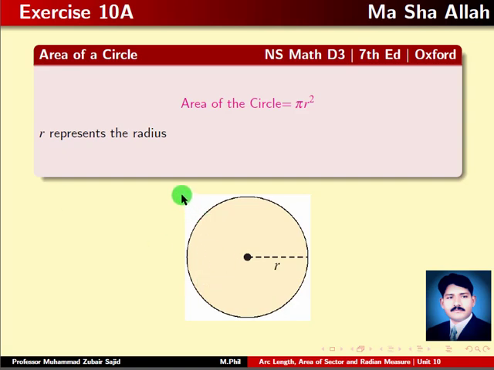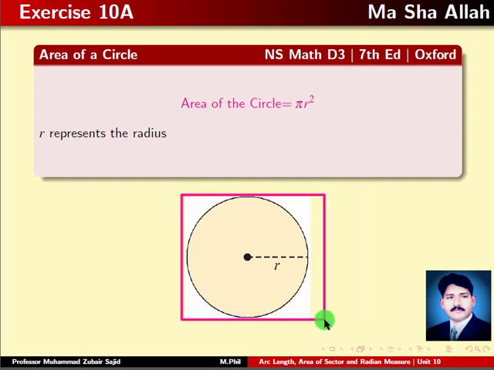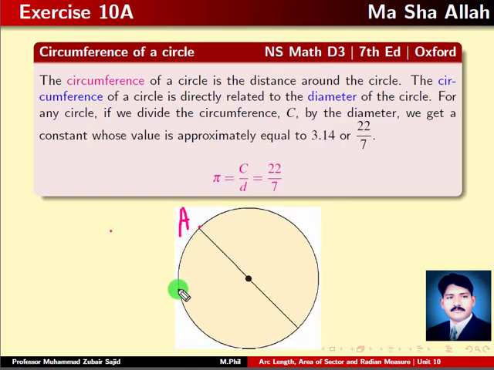We have a circle of radius r. Then the area of this circle is equal to pi r square, where pi is a constant which is equal to 22 by 7. The distance around the circle is called the circumference of the circle. The circumference of a circle is directly related to the diameter.